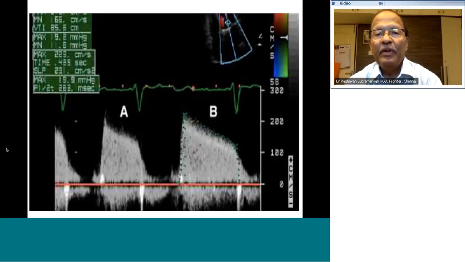Now, once you have described what this figure shows, you go on to the findings. And what are the findings? Can anybody type now? The figure is a spectral recording of a continuous wave Doppler flow across the mitral valve from the apical window. Now, what does it show? What does the Doppler recording show?